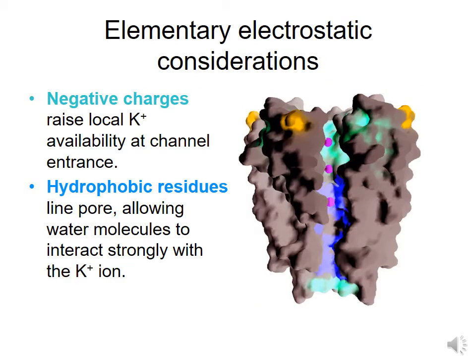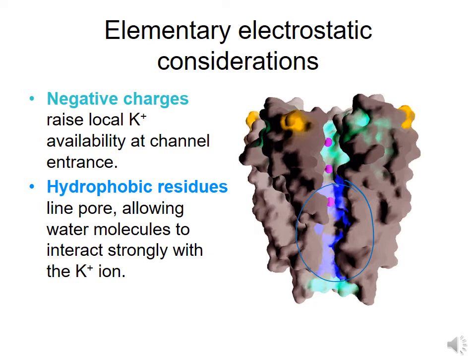In terms of charge, looking at the amino acids that line these different cavities, you can see that in the large cavity the amino acids are relatively hydrophobic. So the potassium ions that enter the channel still retain their water molecules, because these potassium ions will not interact strongly with the amino acids lining this cavity.